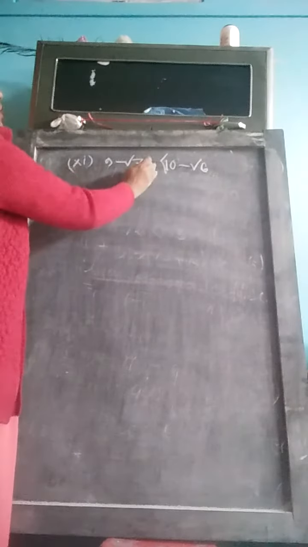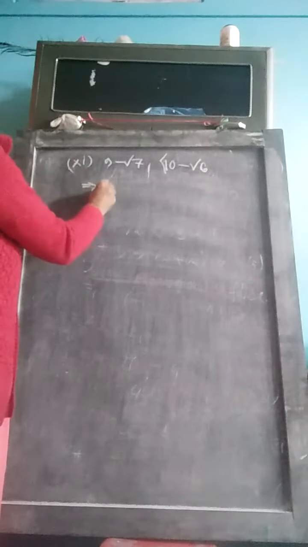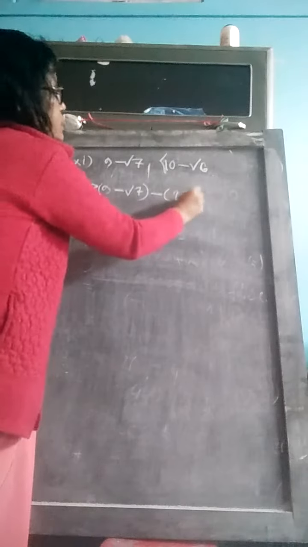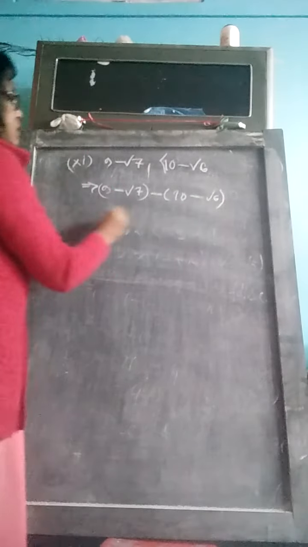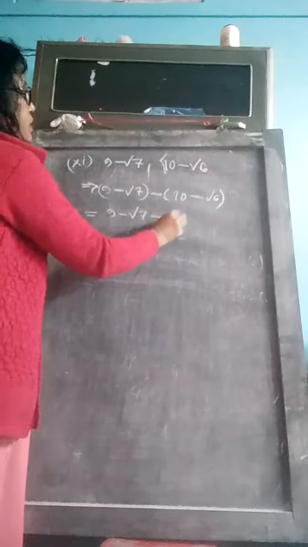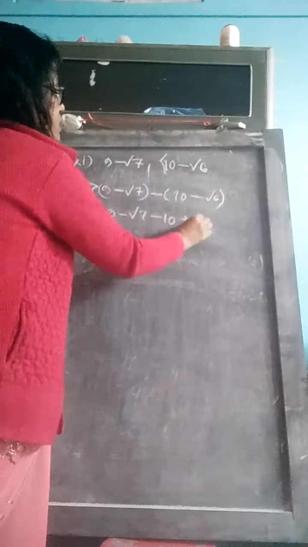If we bring this to the left, then what becomes negative? 9 minus root 7 minus 10 minus root 6 becomes 9 minus root 7 minus 10 plus root 6.